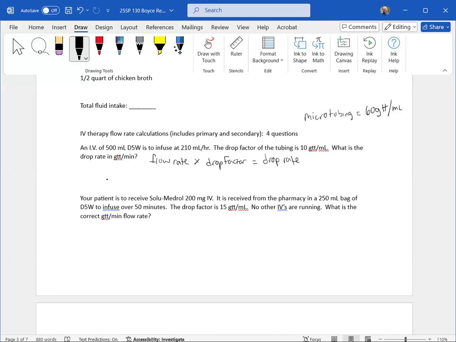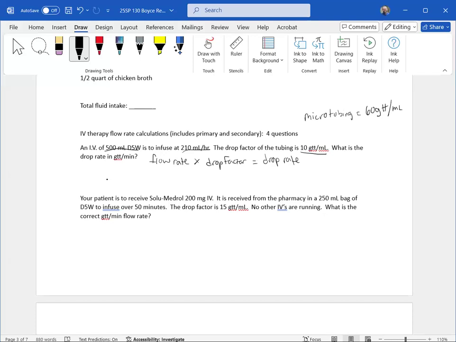In this question, it tells us that we have an IV of 500 milliliters, a 500 milliliter dextrose 5% water. It's infusing at 210 milliliters per hour, and we have a drop factor of 10 drops per milliliter. Then it asks, what's the drop rate in minutes?